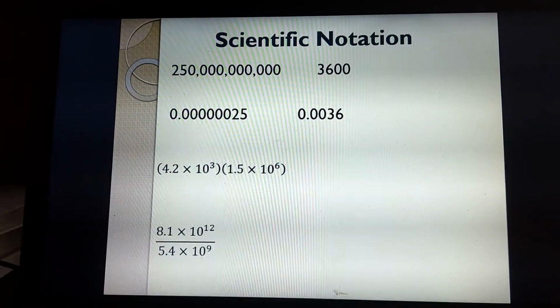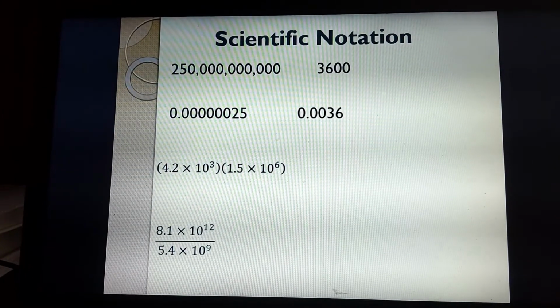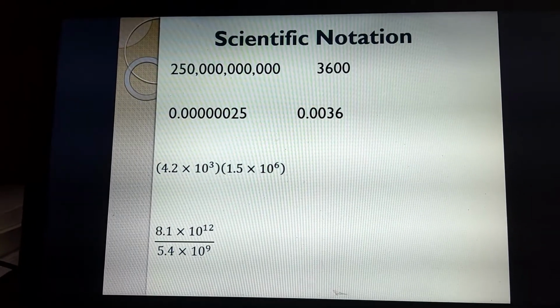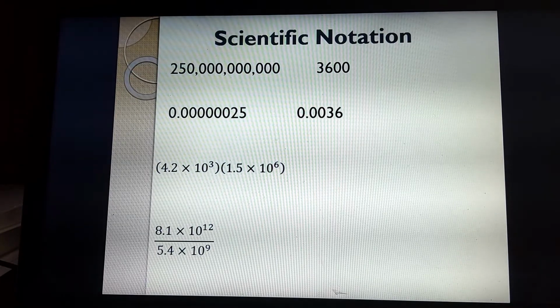So you'll have scientists that are using these. Let's say they're talking about space and how far apart things are. They're billions of miles apart, billions of light years apart. Or they could be working with very, very tiny things like atoms and protons and neutrons inside of atoms. And they get very, very small.